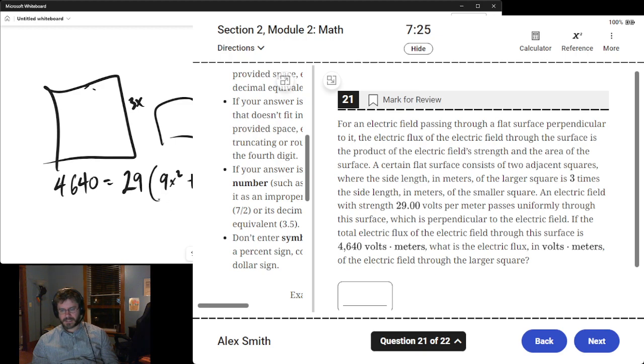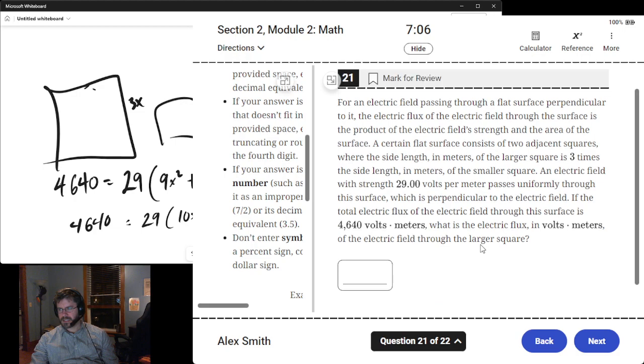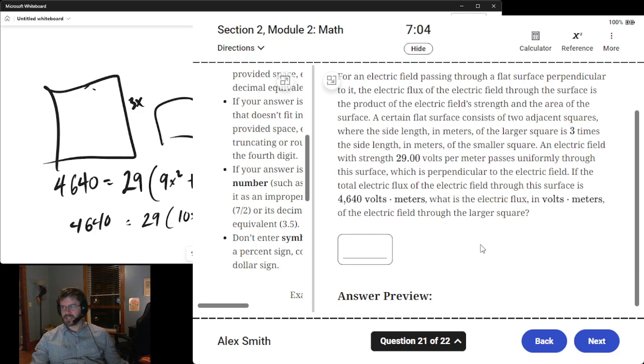So that's 10x squared. 29 times 10x squared equals 4640. What is the electric flux in volts times meters? I don't think the unit of measure matters on this one.